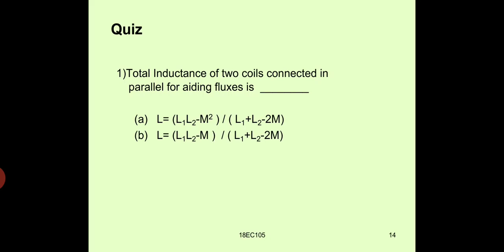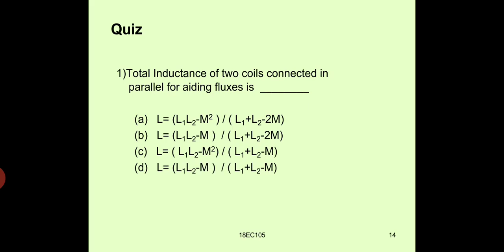Choice B is L equal to L1 into L2 minus M divided by L1 plus L2 minus 2M. Choice C is L equal to L1 into L2 minus M square divided by L1 plus L2 minus M. Choice D, L equal to L1 into L2 minus M whole divided by L1 plus L2 minus 2M. What could be the right answer?